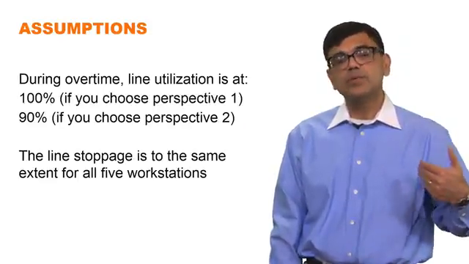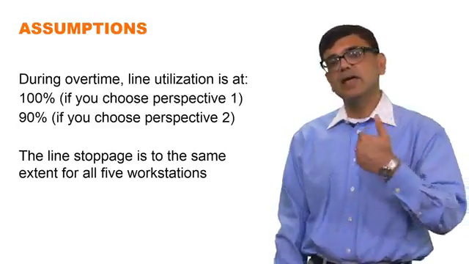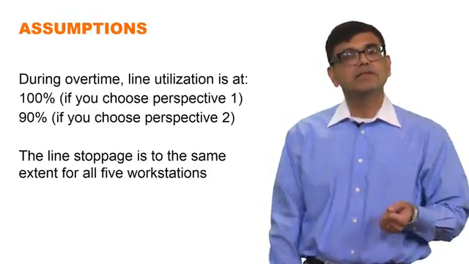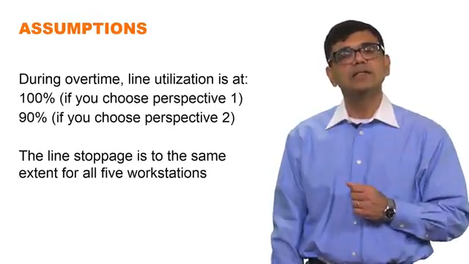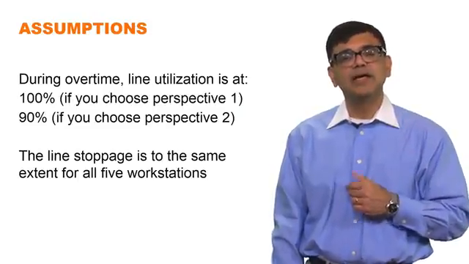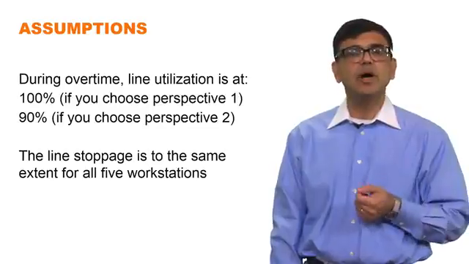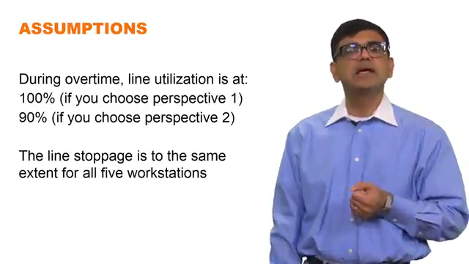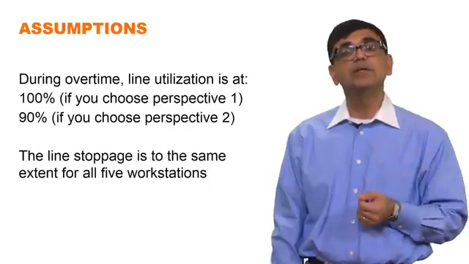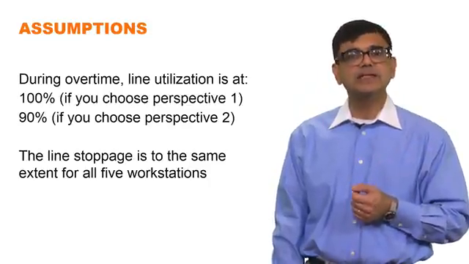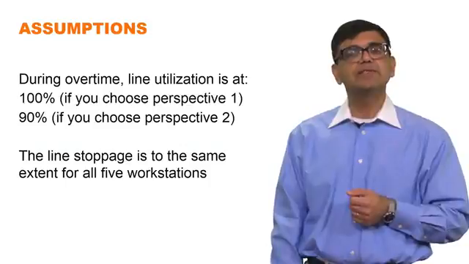So that's why it was spread equally across the 5, and it was spread equally across the 5 in the overtime as well. So this is another assumption that you may have thought of, and you were asked to think of at least one assumption. So either one of these, if you would have thought of, would be adequate. But technically speaking, you would have to assume both of these things for these calculations to work out.